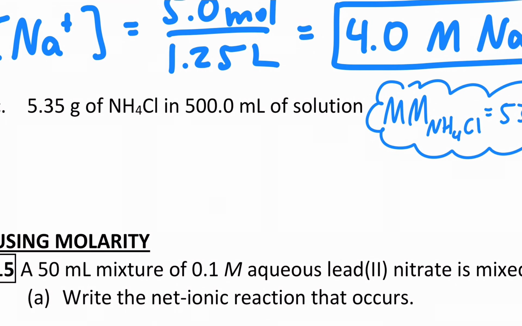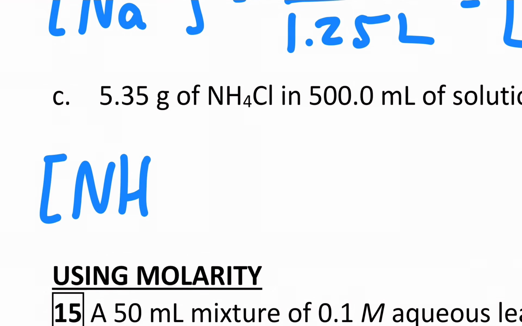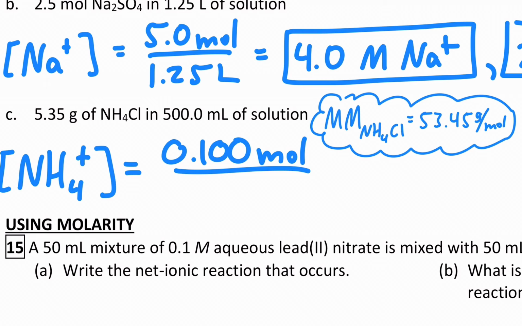And then to turn that into a molarity of each ion, it's ammonium, so the concentration of ammonium ion is equal to, well, in my head, I can actually tell 5.35 grams over 53.45 grams per mole, that's a tenth of a mole. So I have a tenth of a mole divided by half a liter.